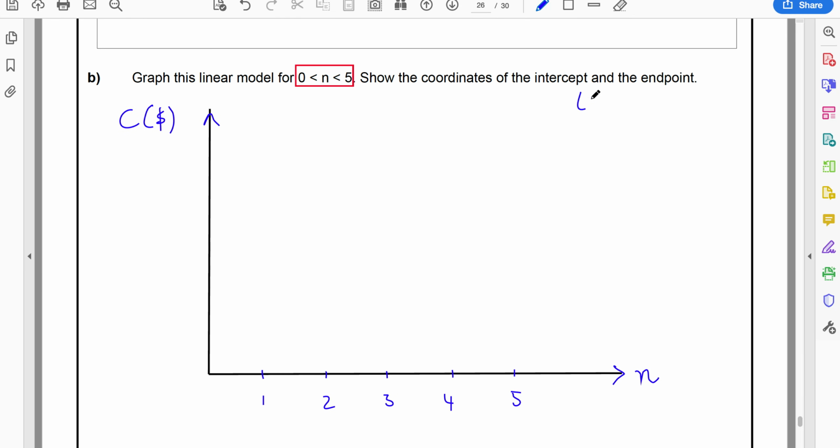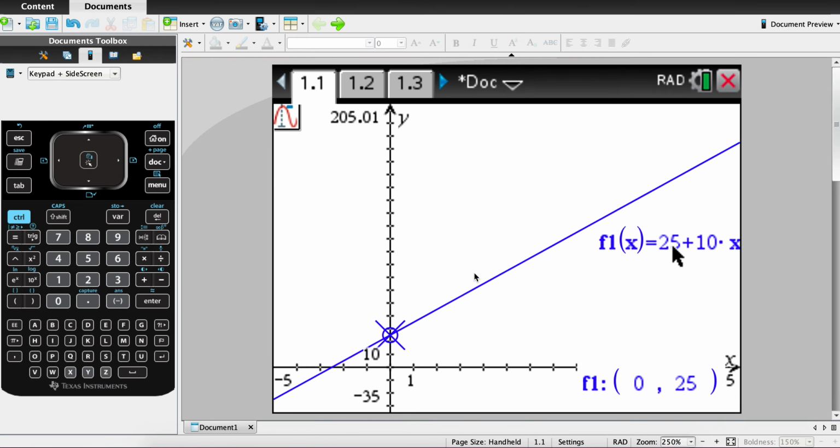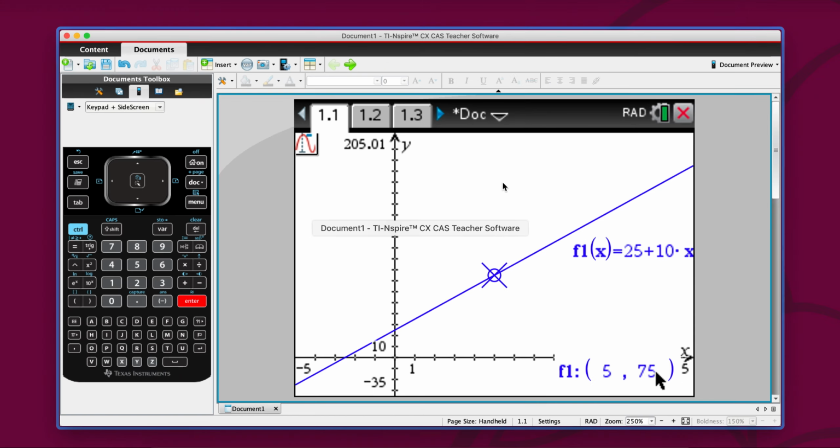So I'll make a little note that it's going to go through (0, 25). And then I will need to know the endpoints. I need to know where it is at the end of the graph, because it's going to go up to 5. Where is it when n is 5? So I just press 5 into my graph screen and press enter, and you'll see our second coordinate is (5, 75).